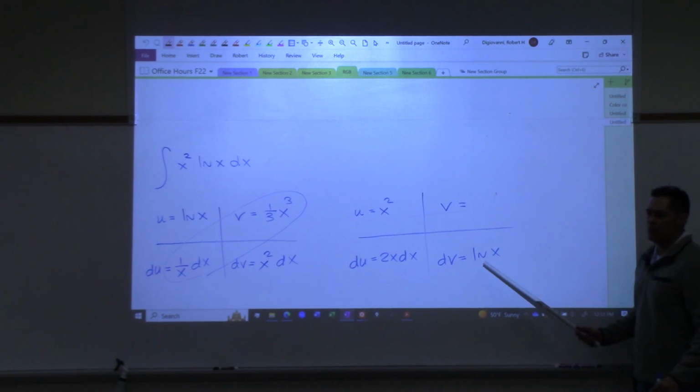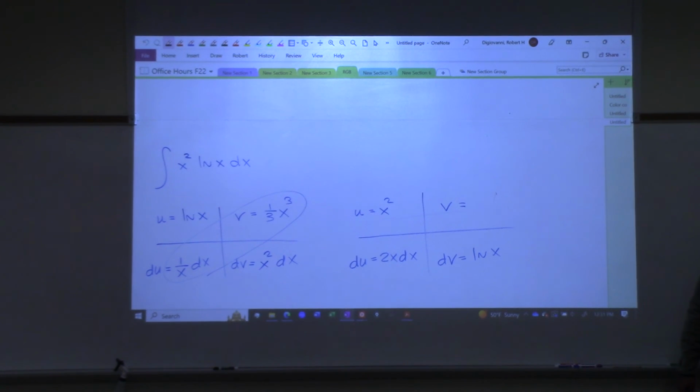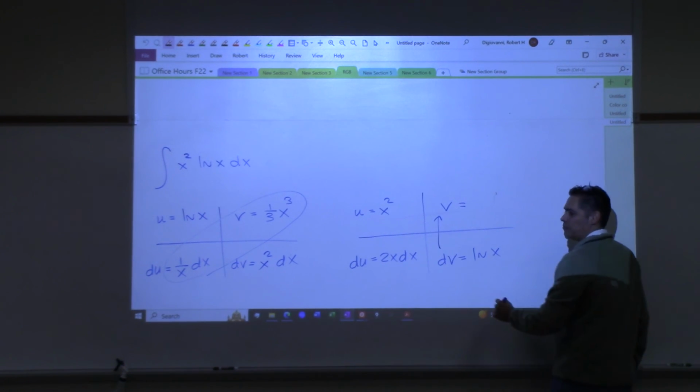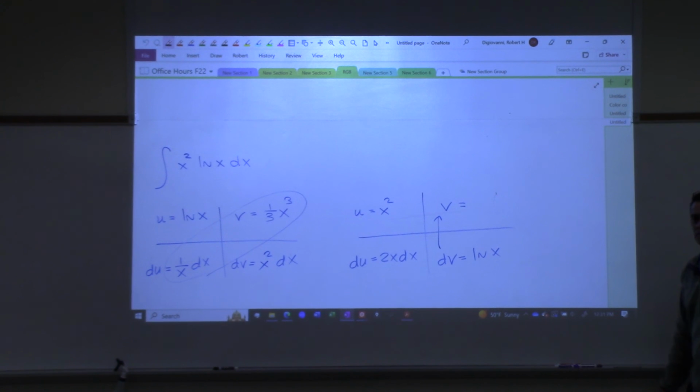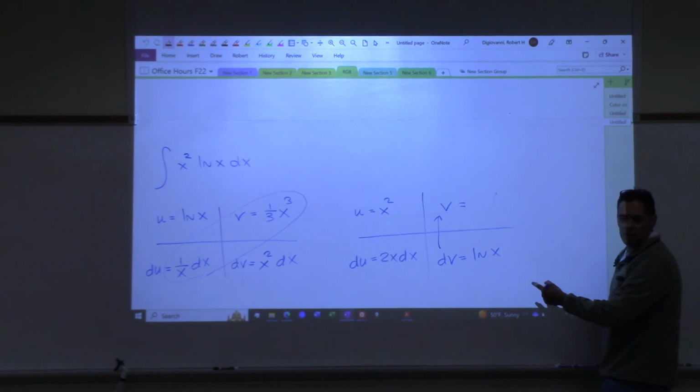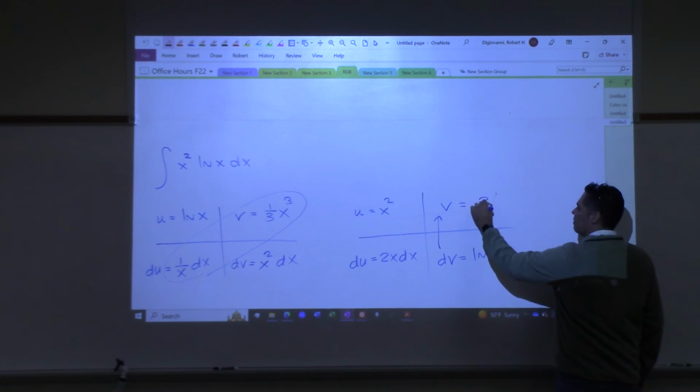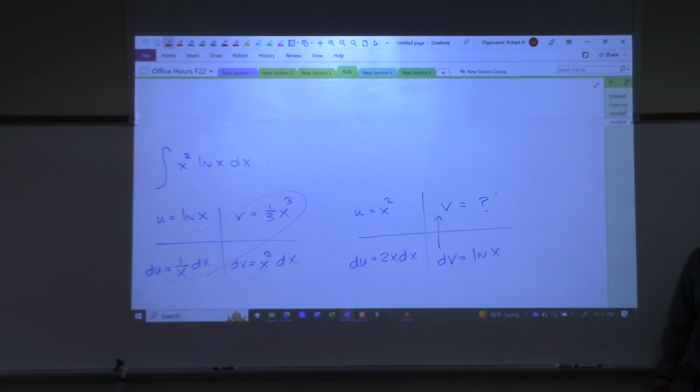What's the antiderivative of the natural log of x? I mean, the derivative is 1 over x, right? But what's the antiderivative? Isn't it negative 1/2 x to negative 2 now? Mm-mm. We haven't done it, actually. We don't know what that is. We have no idea what that is, right? We have no idea.